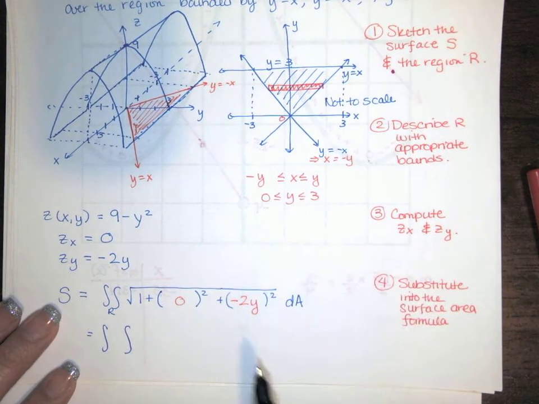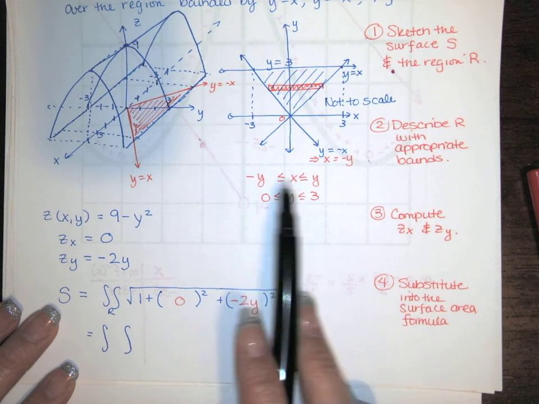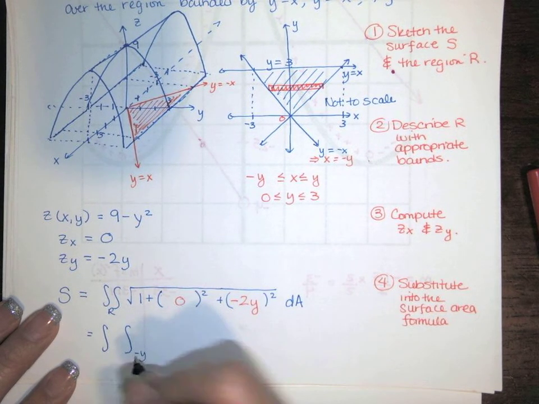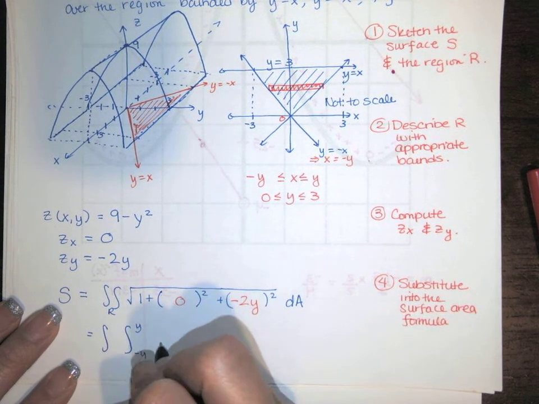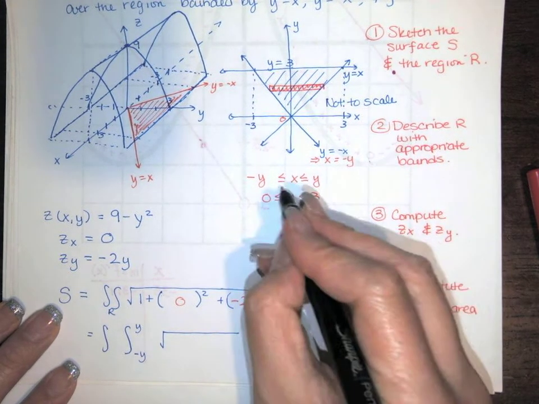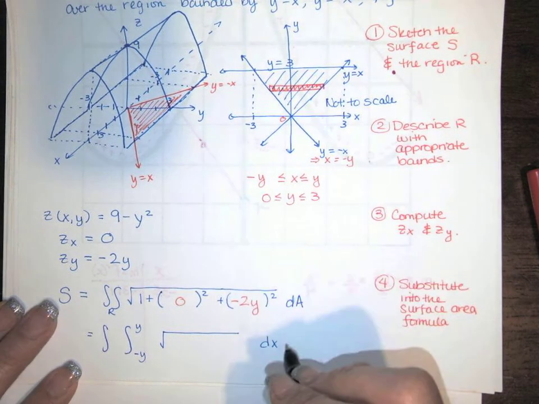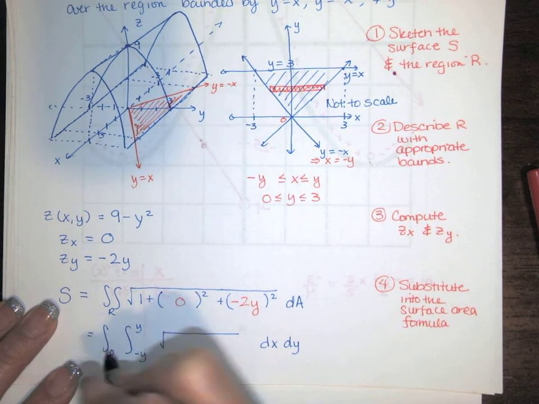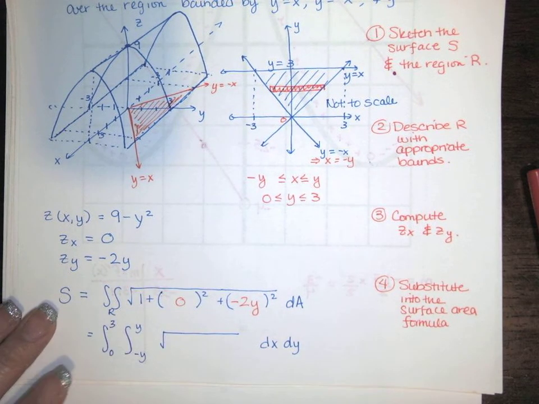And we're integrating from negative y to y for x. So we integrate with respect to x first, because x goes from a function of y to a function of y. And then y goes from a constant to a constant, from 0 to 3.